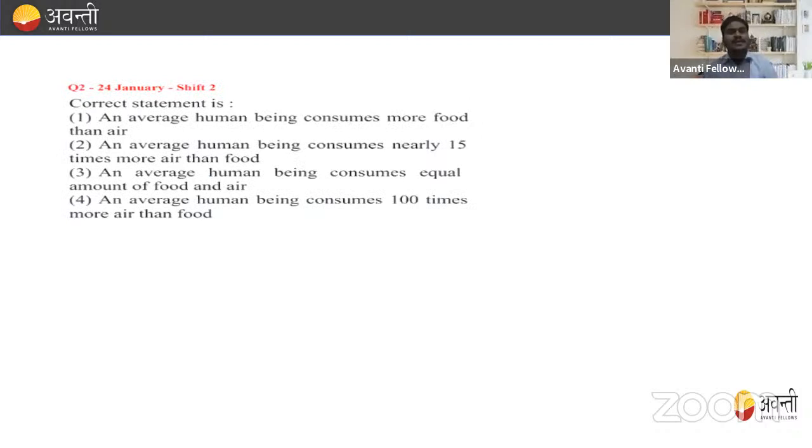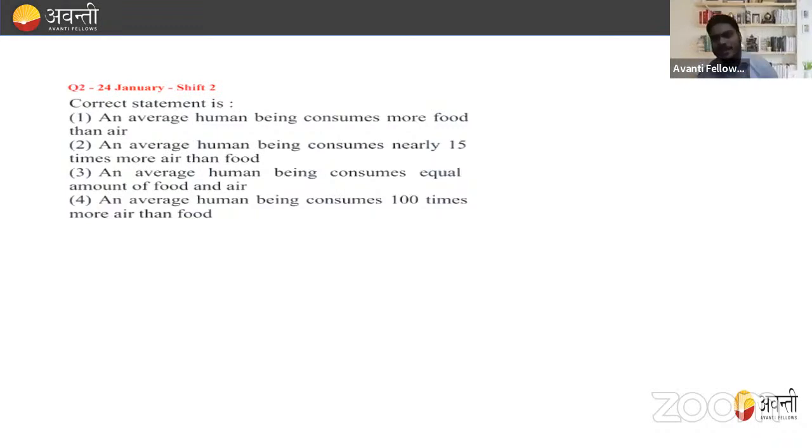Now, you have to identify the correct statement out of the following. Statement one: an average human being consumes more food than air. Is it true, or should we say more air than food?